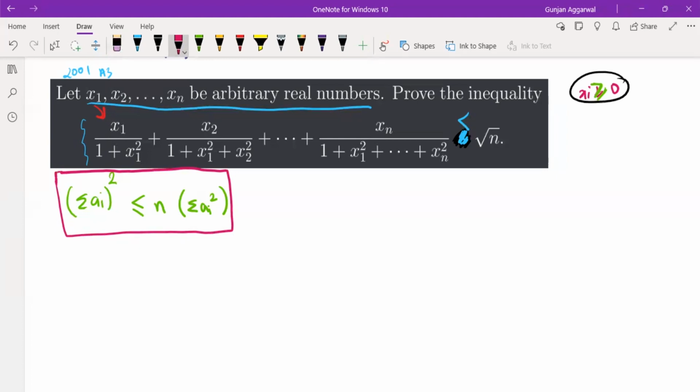Are you using Cauchy Schwarz or AM-GM? This thing you can do by AM-GM completely. You might use this thing, at least in my solution, this sort of a lemma is needed. Oh, okay.